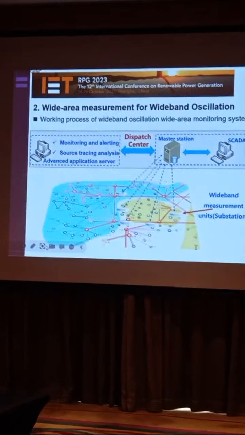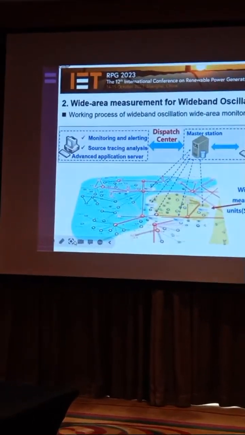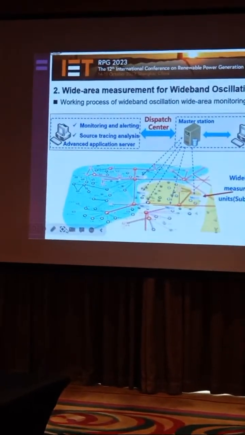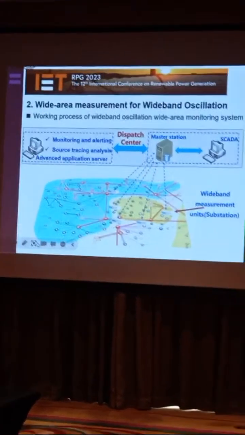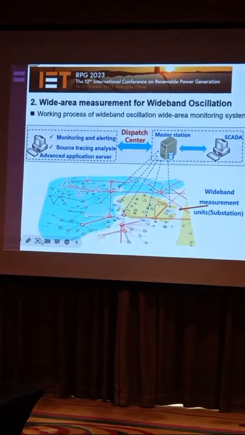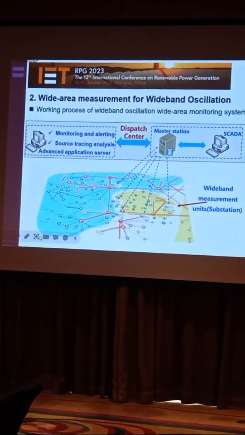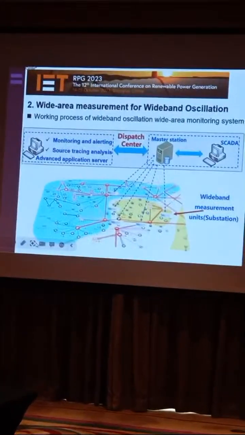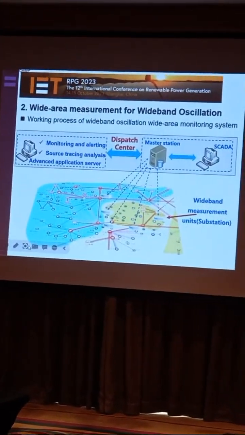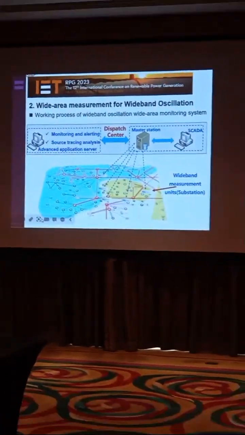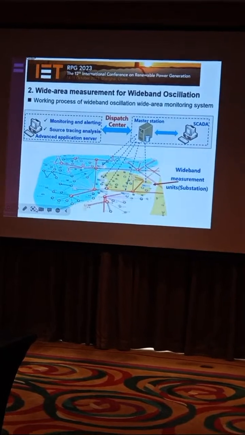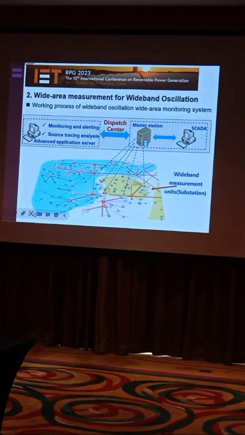We can see wideband measurement units distributed at the intersections of different power stations. These substations are used for real-time monitoring of the voltage and current waveform signals on the secondary side of the power grid. They perform basic data processing to obtain power grid data from different locations.